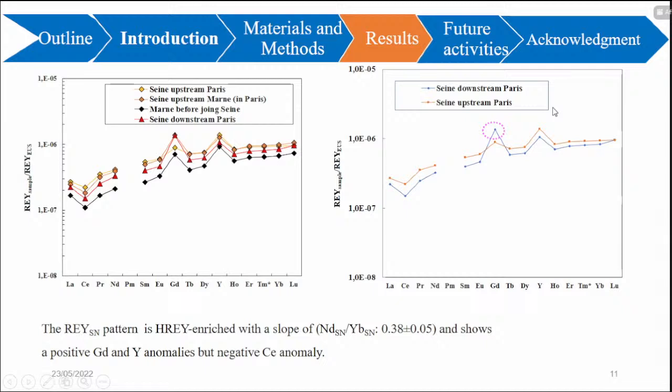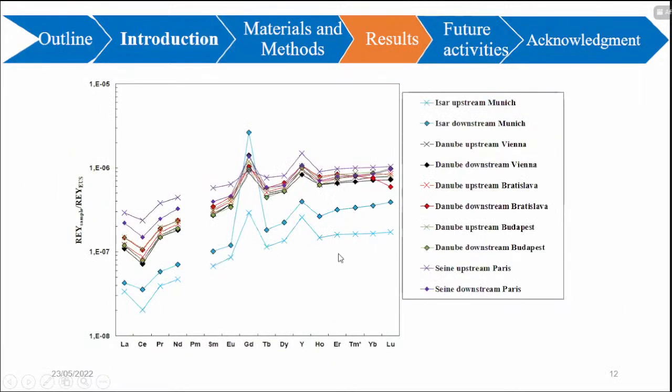Again, the gadolinium anomaly is higher in the downstream of the Seine. When we compare, even if they have different backgrounds, the Seine and the Danube, we see that the ESR has a higher positive gadolinium anomaly, followed by the Seine downstream.